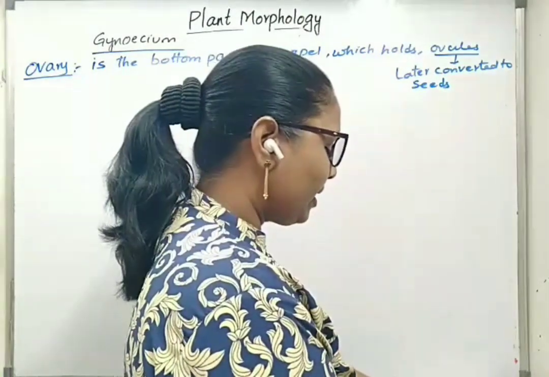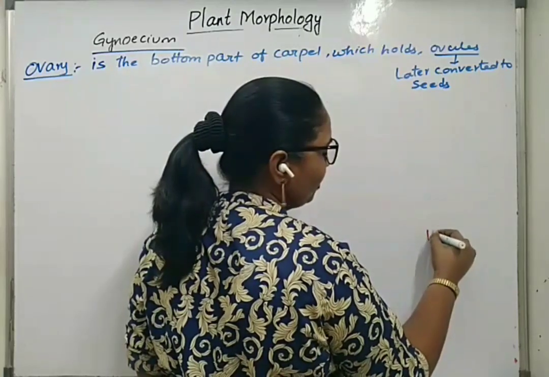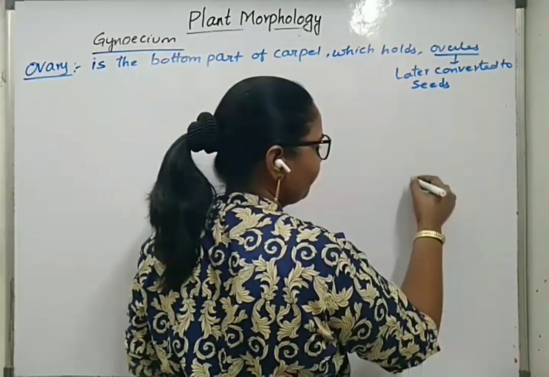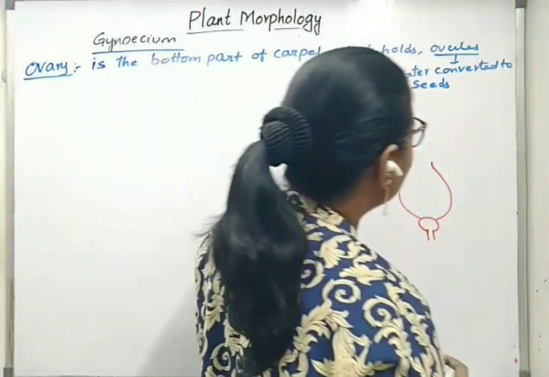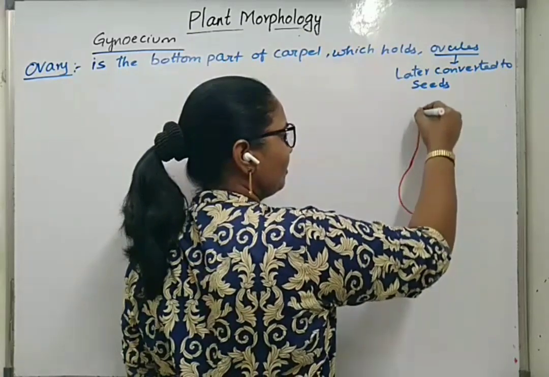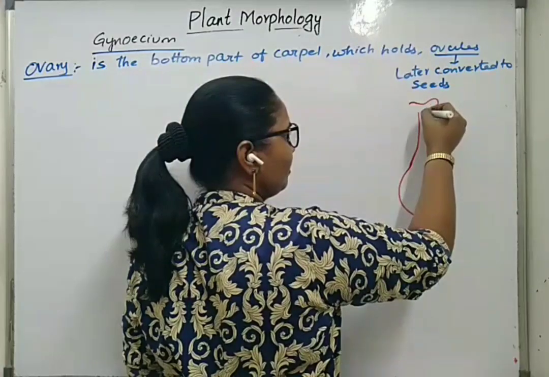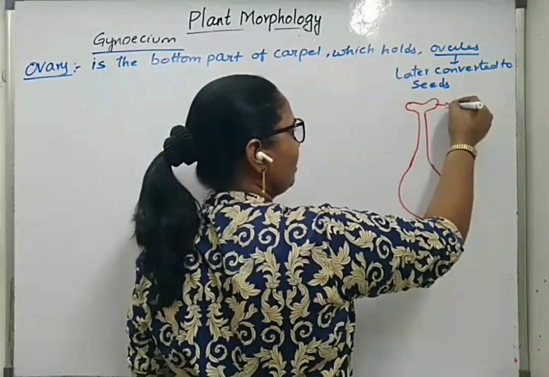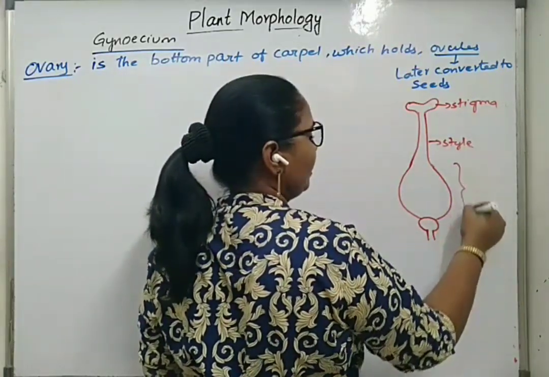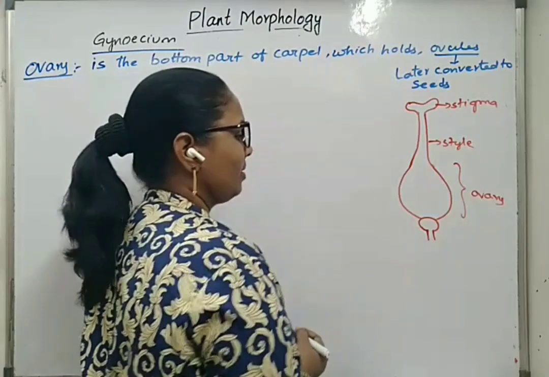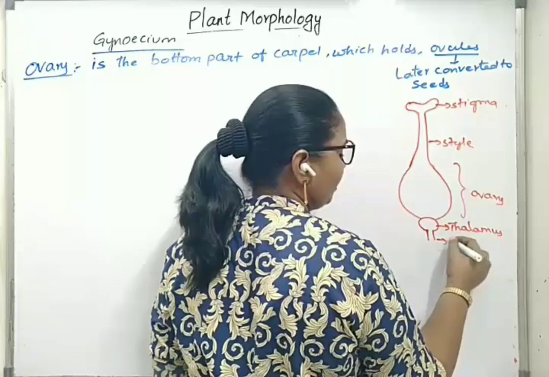Now, how these ovules are attached to the ovary? If you see the diagrammatic representation of ovary, this is stigma, style, and ovary. And this is thalamus, this is pedicel.